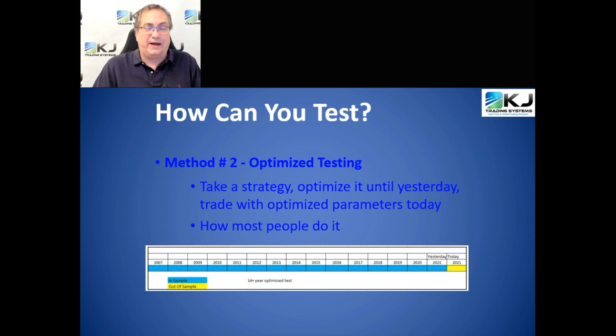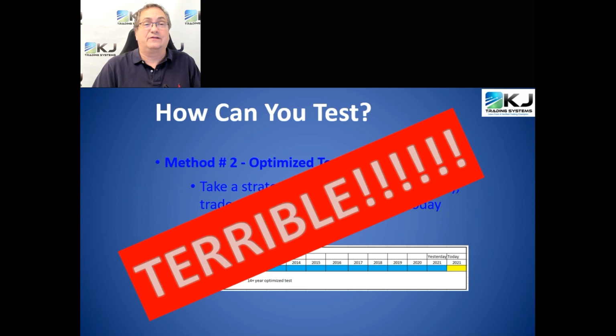It's the easiest way to do it. It's what the trading software kind of encourages, just the way it's set up. The problem is it's terrible. It's just terrible to do that, because this is just using optimized results, and the optimized results will almost never be that good going forward.